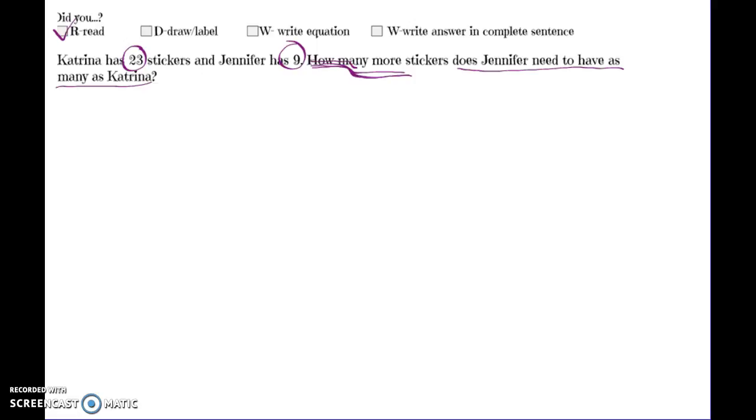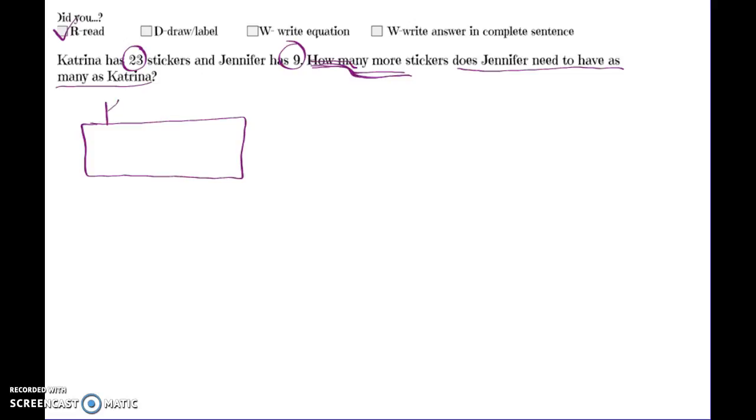Now I'm ready to draw and label my problem. To solve this problem, I'm going to start with a tape diagram to help me understand the problem better. I know that Katrina has 23 stickers.